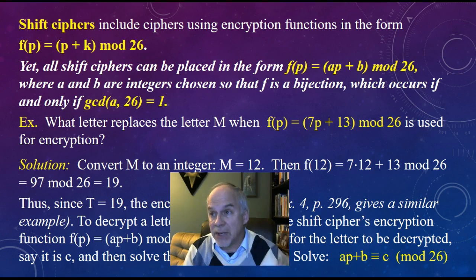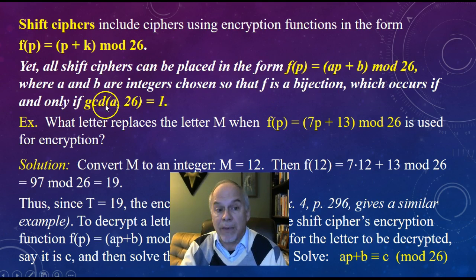Also, it has to be onto, meaning all the letters are used up. And that happens when the greatest common divisor of A, the number in front of P, and the number 26 is 1. If the greatest common divisor of A and 26 is 1, then it will be a bijection. So you have to have that stipulation here.